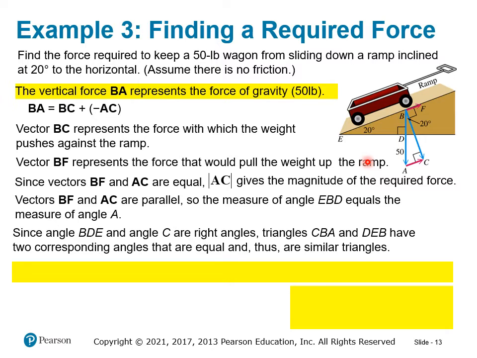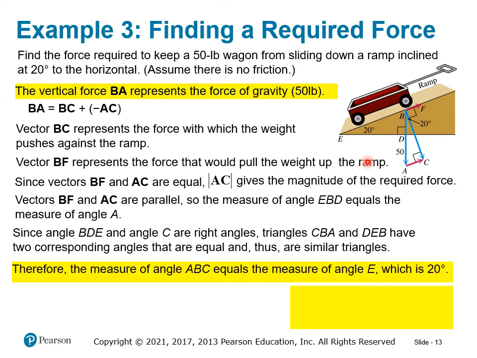And this is the big thing. Specifically, the measure of the inclined plane angle is equal to the measure of this angle between the force of gravity and the force of weight on the inclined plane, and that will always be the case. When you're solving these inclined plane problems, you'll be drawing this special triangle here and solving for it.